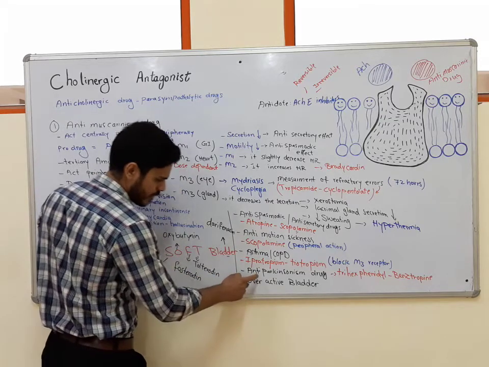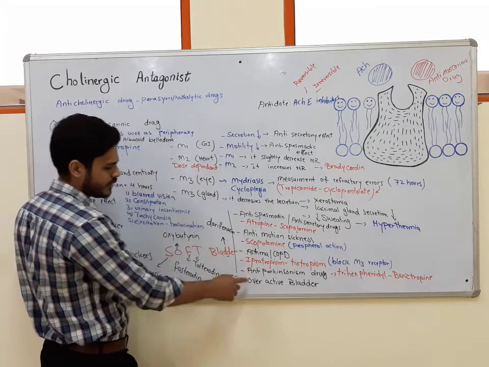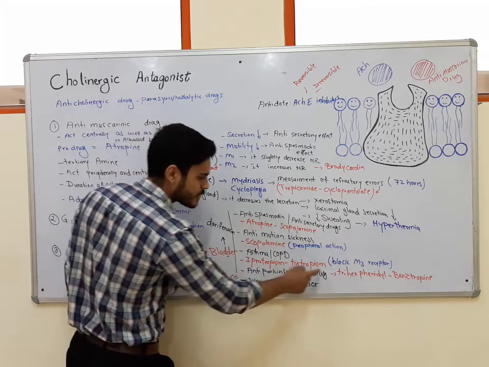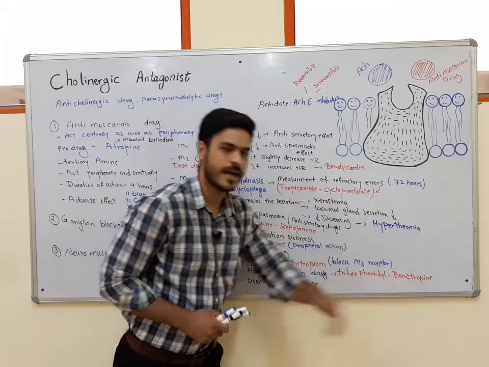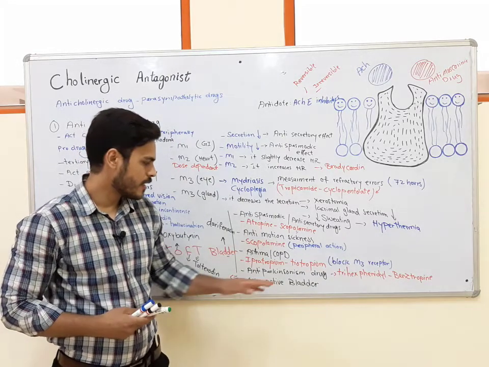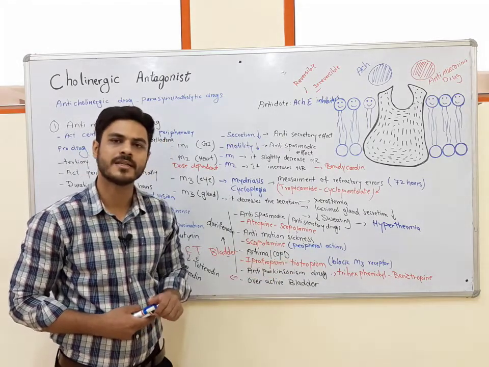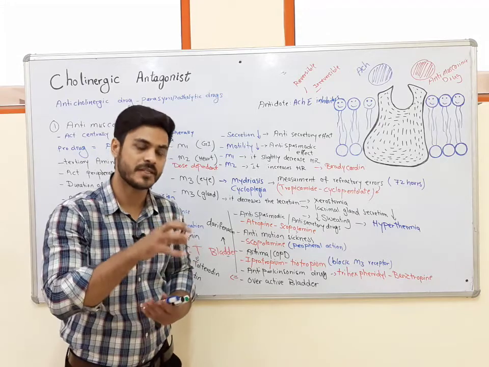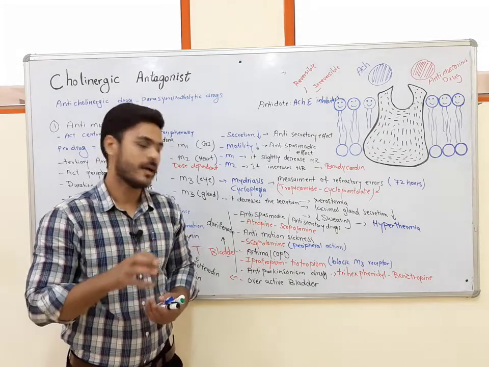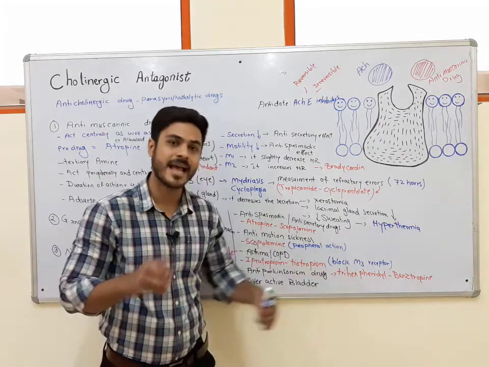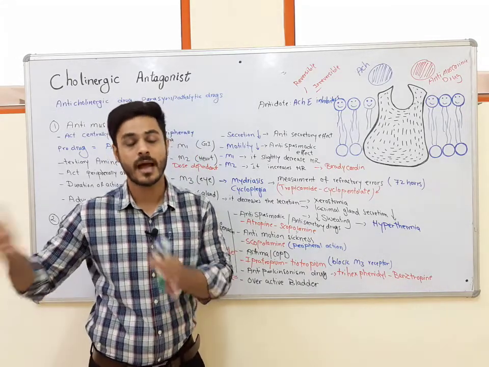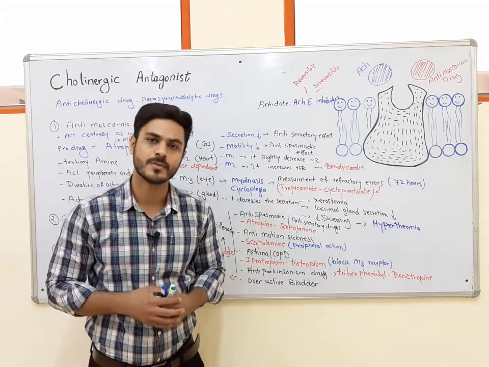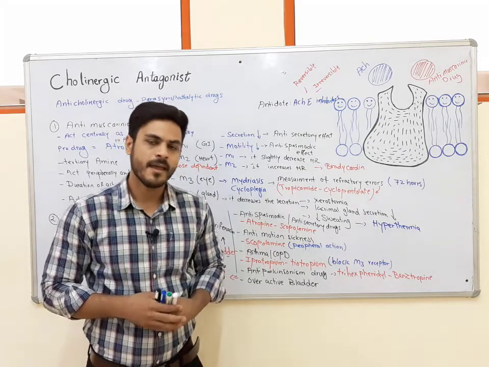Another group of drugs in anticholinergic is anti-Parkinsonism drugs like trihexyphenidyl and benztropine. We give these drugs as adjunct therapy. First we have to note this. We give these drugs as adjunct therapy with other anti-Parkinsonian drugs for treatment of Parkinsonism.